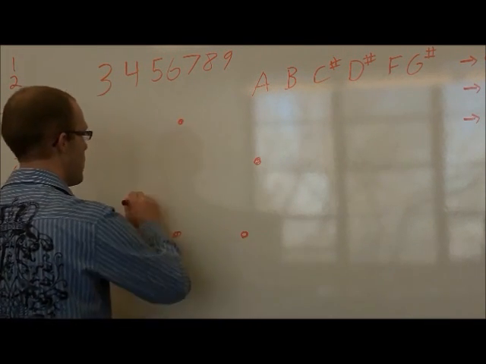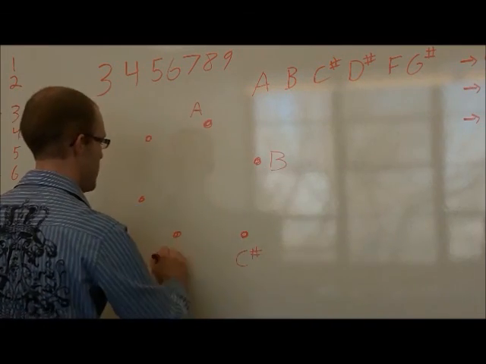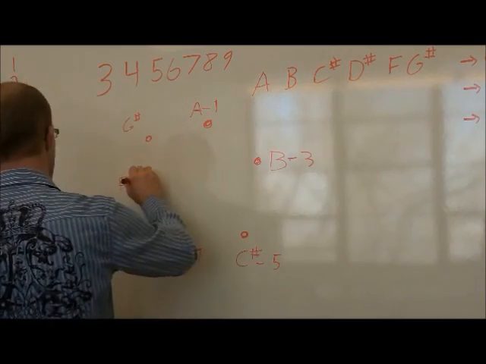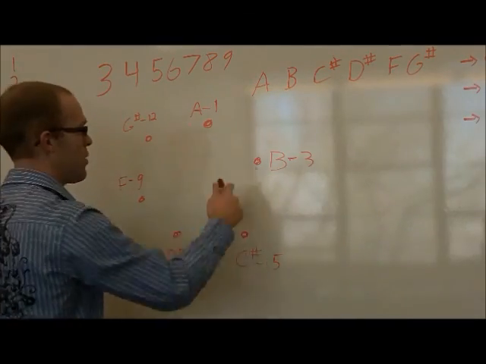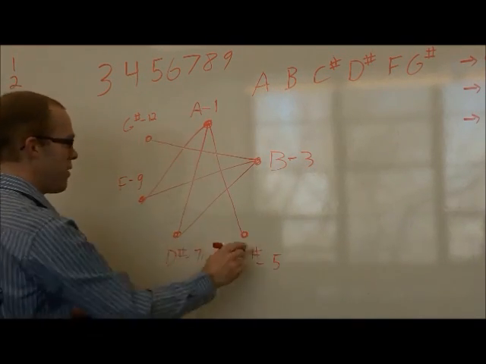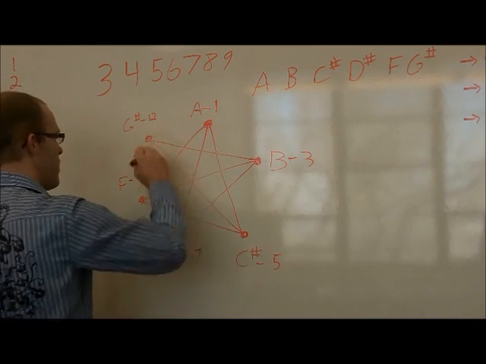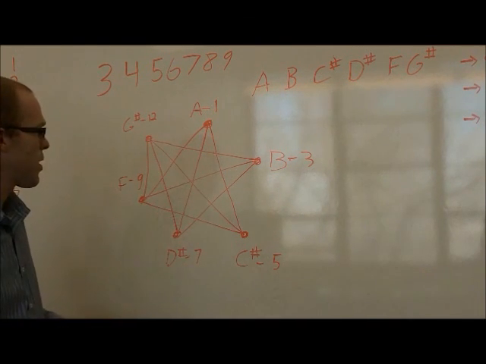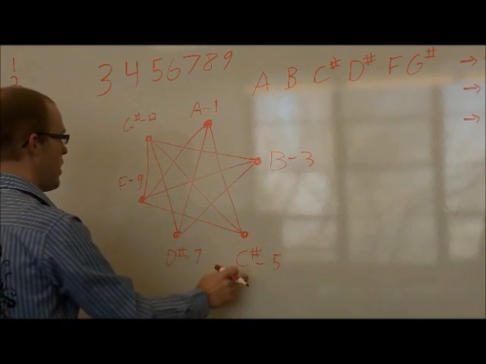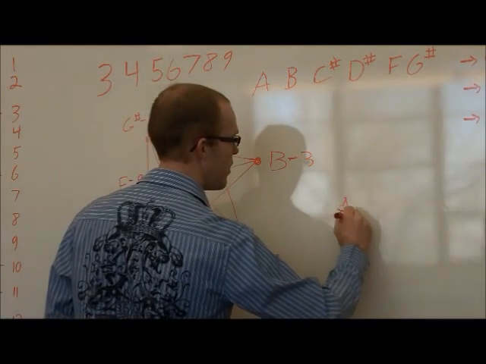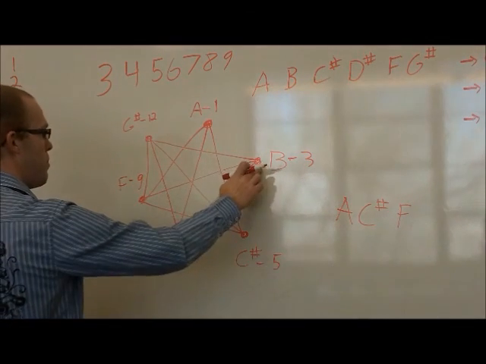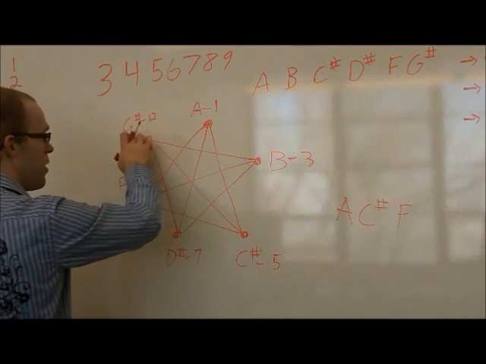A little bit more complex than our last scale. A few of the different triangles that we can see, for example, A, C sharp, F. B, D sharp, G sharp.